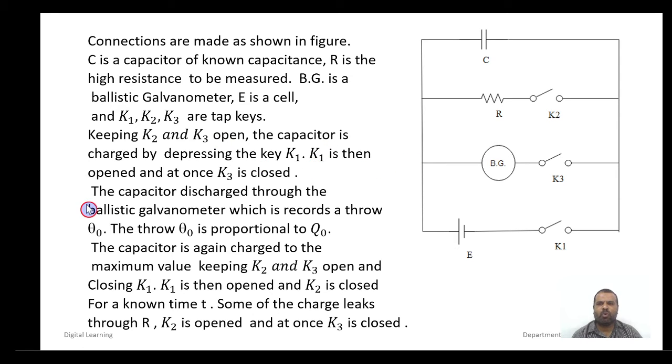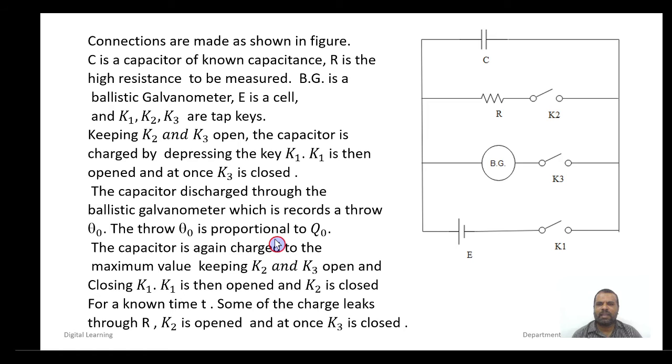K1 is then opened and at once K3 is closed. The capacitor discharges through the ballistic galvanometer, which records a throw theta naught. The throw theta naught is proportional to Q naught.